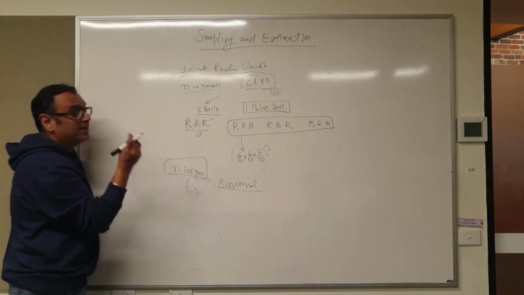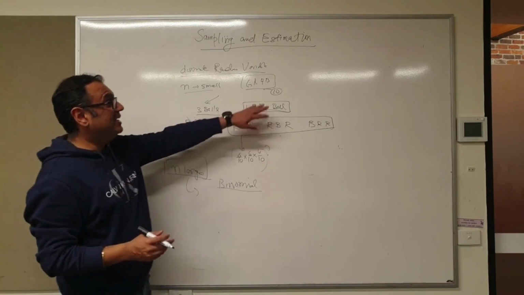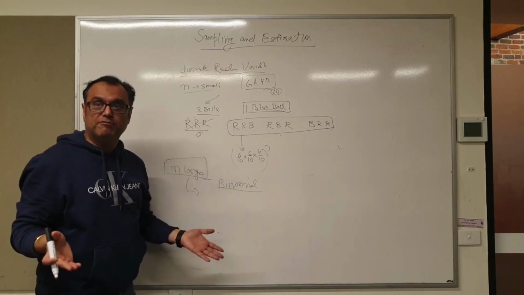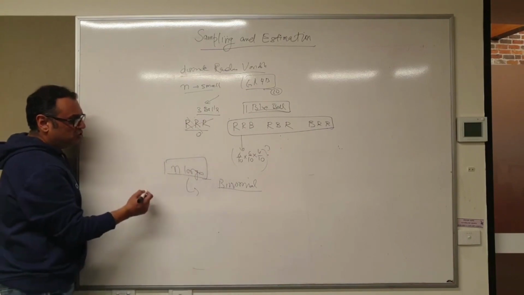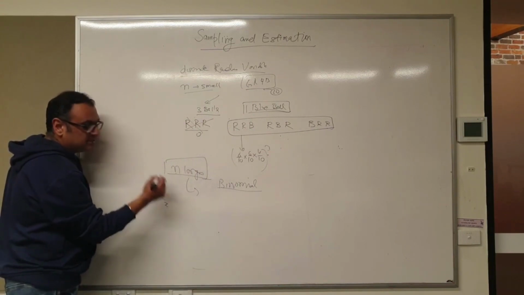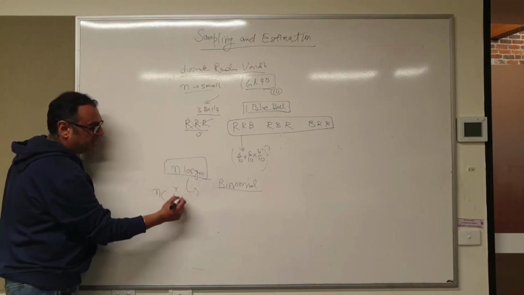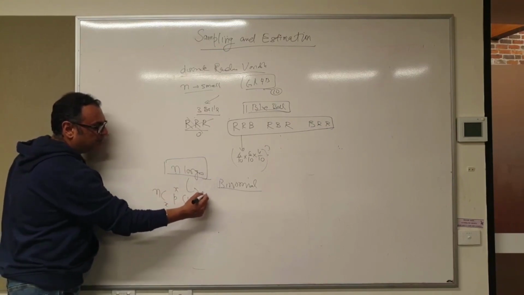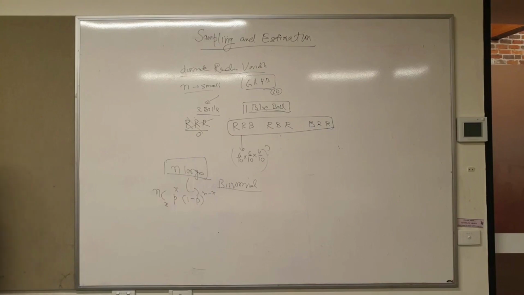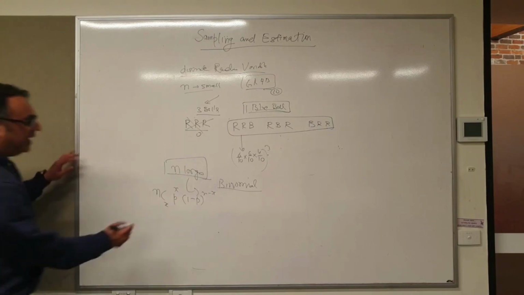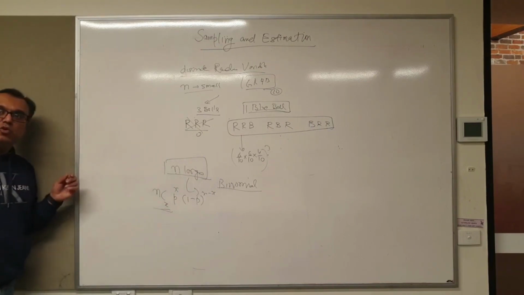Binomial is when your measure of success is getting a blue ball and the rest are all failures. The formula was nCx p to the power x times (1 minus p) to the power of n minus x, where x is the value of the discrete random variable.